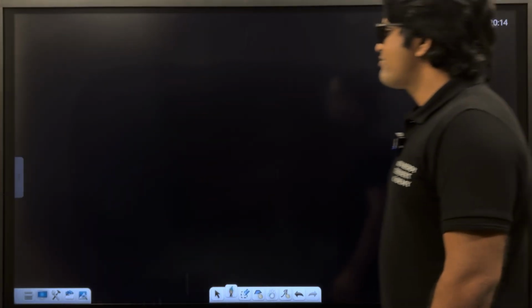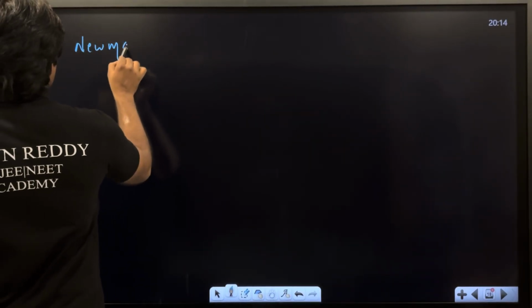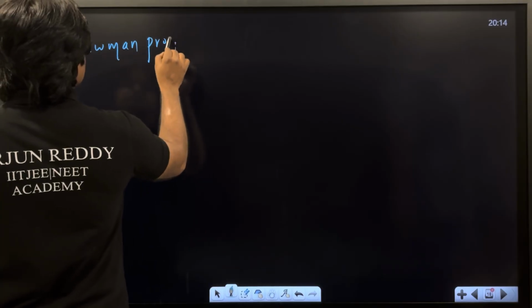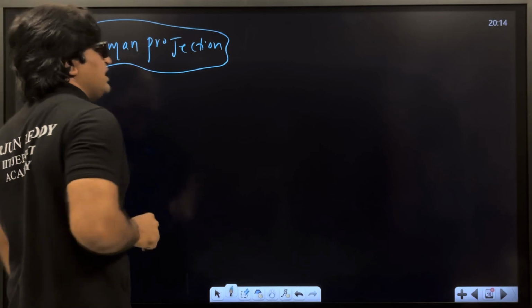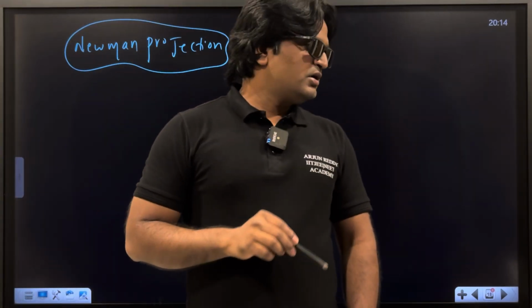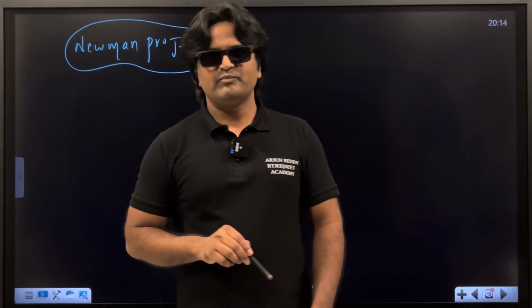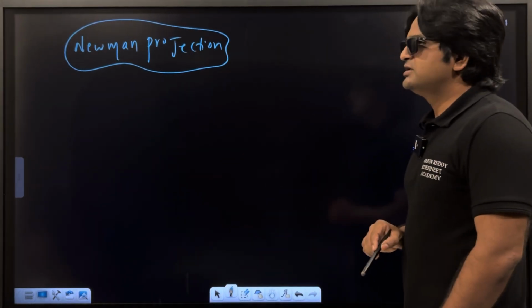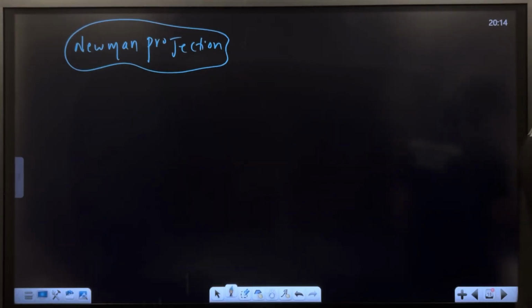Come to the next one, Newman projections. Newman projection is the third important molecular representation. According to Newman projection, this is how we write a 3-dimensional molecule on a 2-dimensional plane.